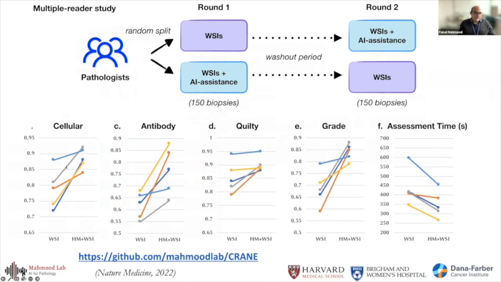When they look at just whole slide images, it's just the whole slide images in the demo that you can access over here. And when they look at plus AI assistance, they essentially look at the heat map and the raw whole slide image as well. So the performance improves for detecting everything, from cellular, antibody, quilty, and grade, and the assessment time decreases.